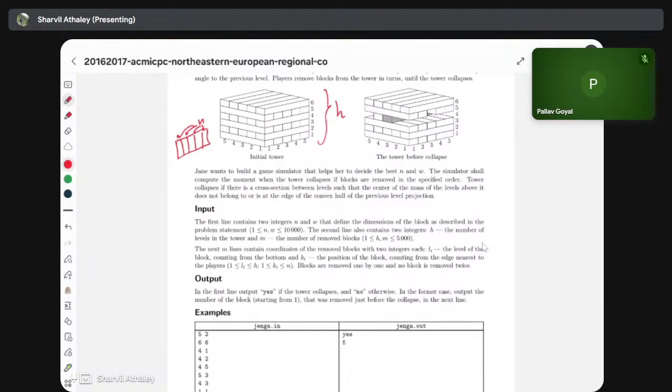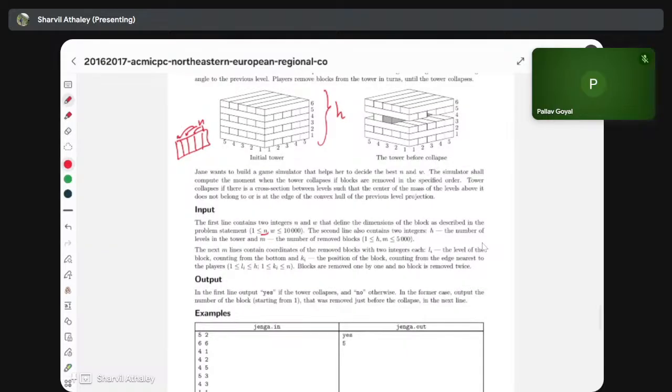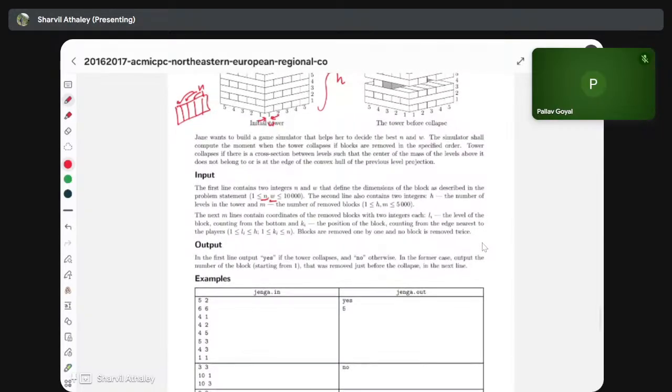You'll be given n, the number of blocks in each row, and W, the width of each block, and this is the height of the Jenga. You're also given M moves.